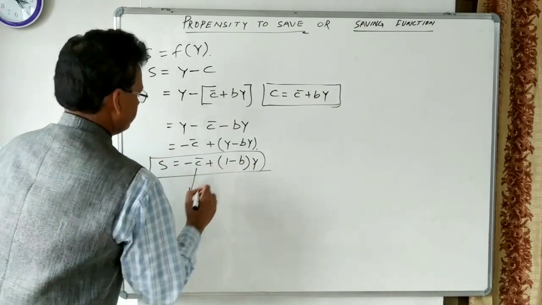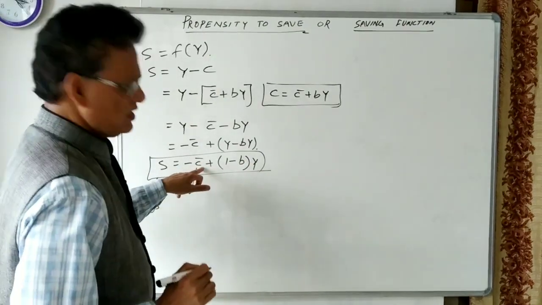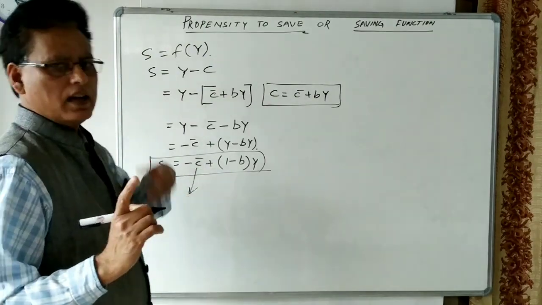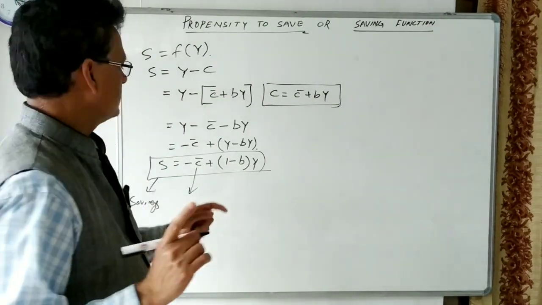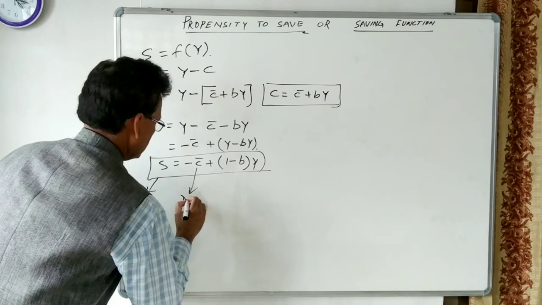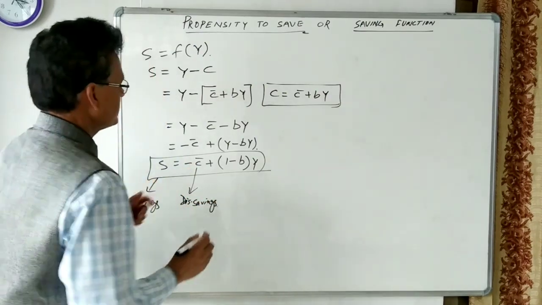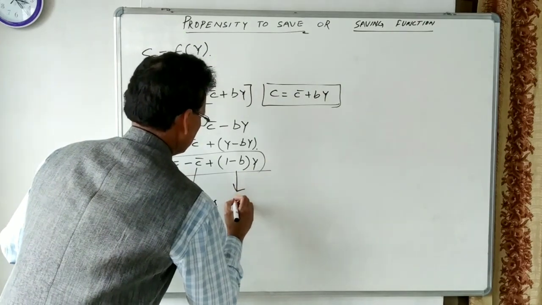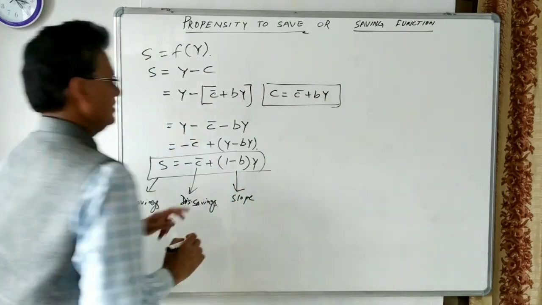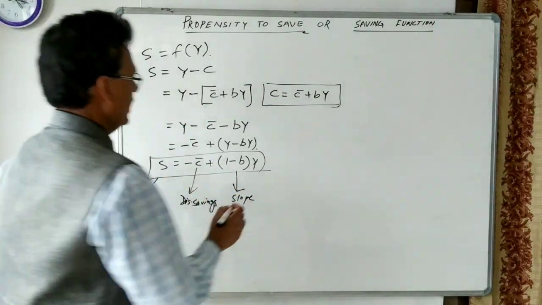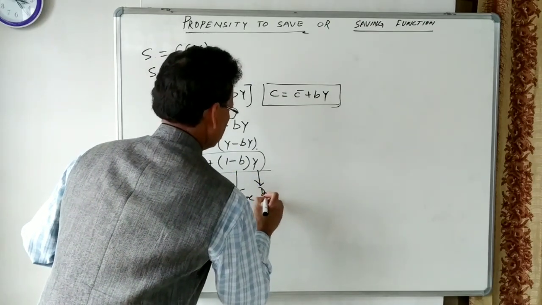This minus C intercept is autonomous consumption, which represents negative saving. This (1 minus b) is the slope of the saving curve, and Y is the disposable income.